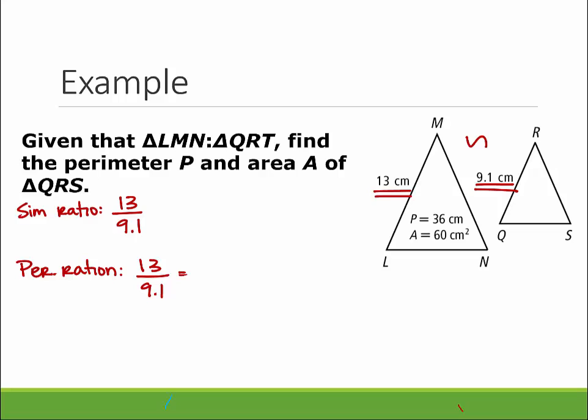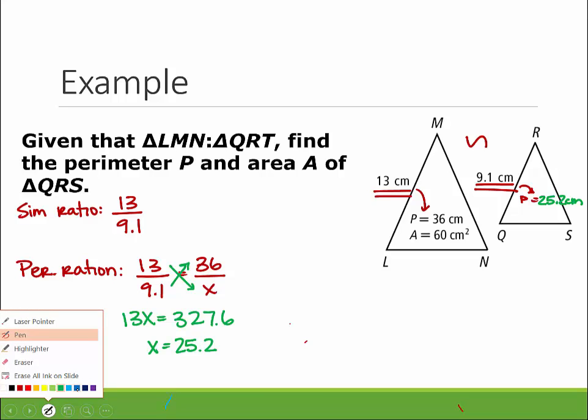So since we use the 13 from this, we'll use the perimeter for that one on top, divided by the 9.1, which is the perimeter of whatever this guy is, which we don't know. And then we solve it just like all of our other proportions. Find your cross products. So 13x and 36 times 9.1 gives you 327.6. And if you get x by itself, you end up with 25.2. So that's the perimeter of this triangle here.